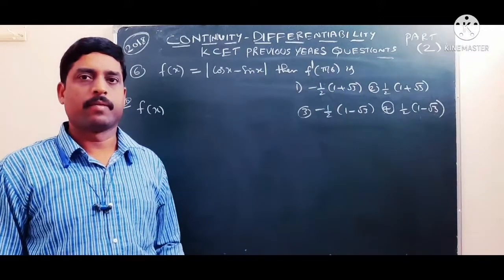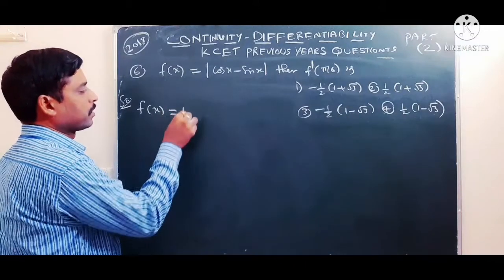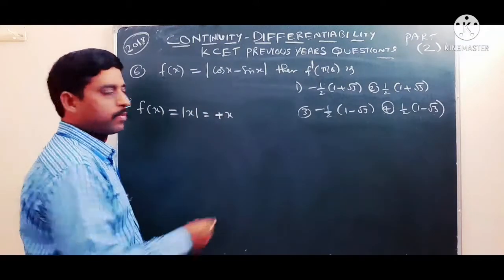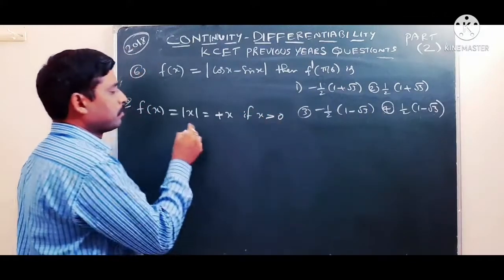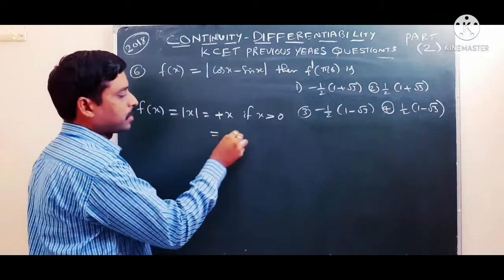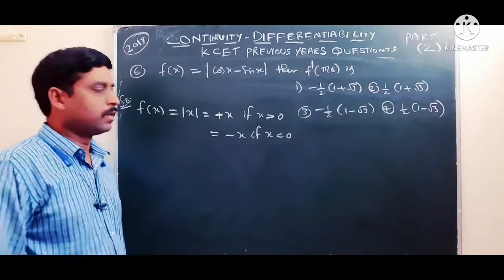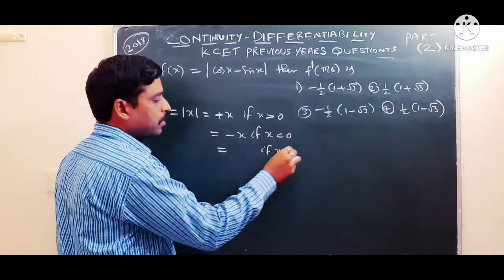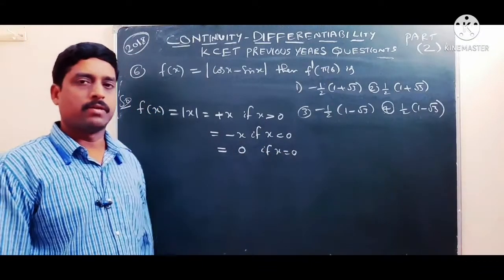By using the modulus of x function definition, modulus of x is equal to plus x if x is greater than 0, modulus of x is equal to minus x if x is less than 0, and at x equal to 0, modulus of x is equal to 0. This is the definition of modulus of x.